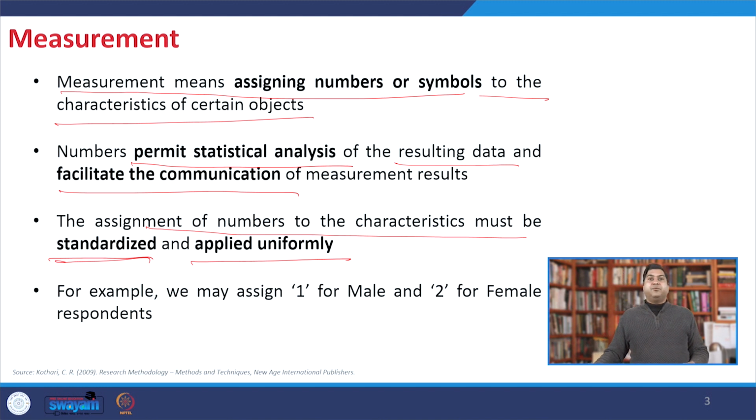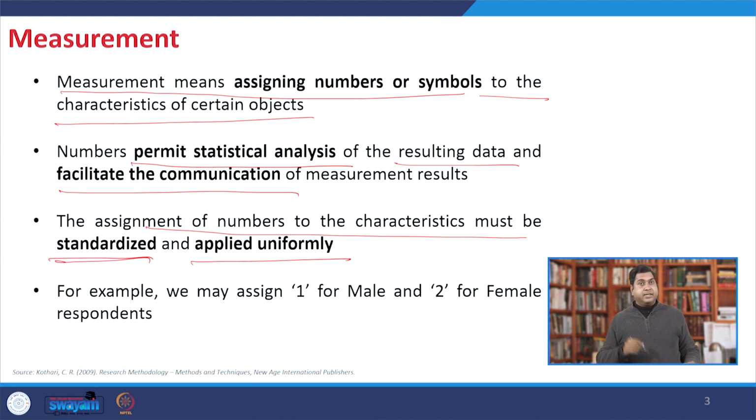But now say for example, if I want to measure it by certain kind of coding, here the male or female are not numerical data, it is something like nominal data that we will discuss in this presentation as well.